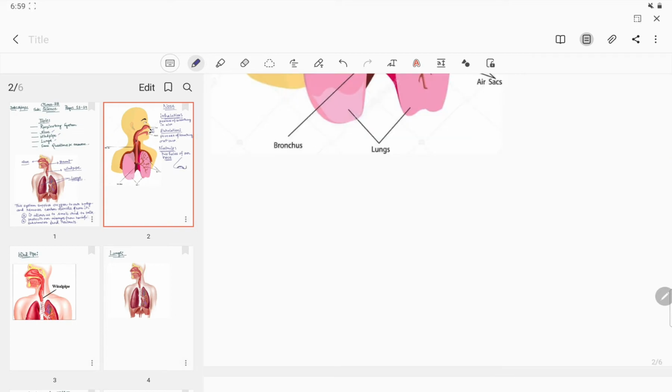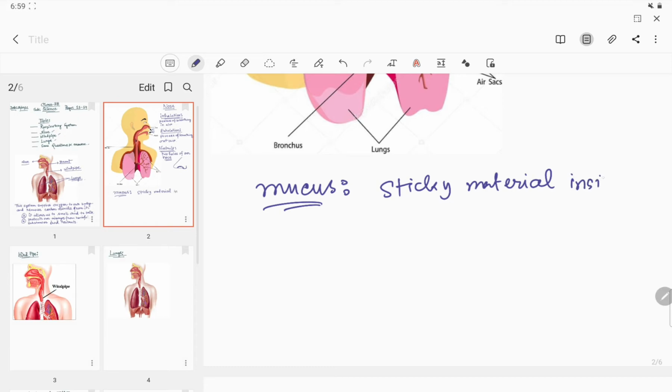Our nose consists of fine hair and a sticky material called mucus. Mucus is a sticky material inside our nose. Okay, and our nose consists of fine hair also.